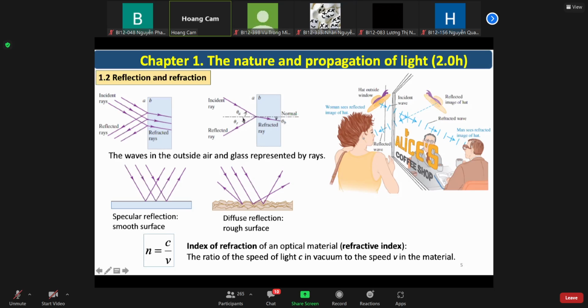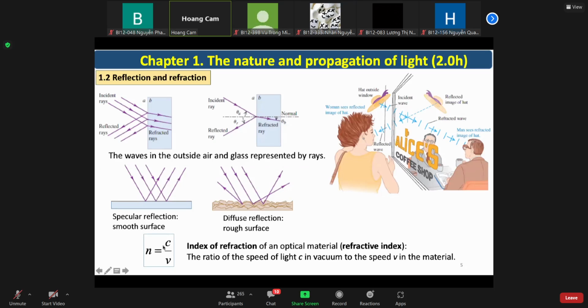So this angle is smaller. And it is also provided by a law we will study in the next part right now. Here, the relationship of the index of refraction between these two materials also defines the direction of the refracted ray.